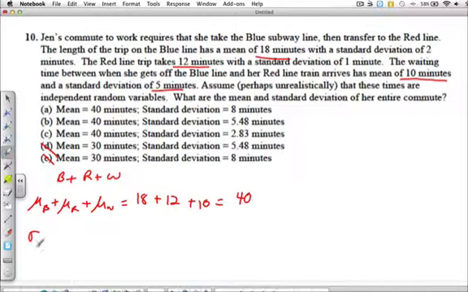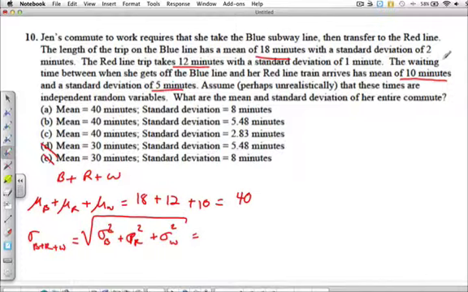But for the standard deviation of the sum of those, we have to add their variances, right? So the variance of blue plus the variance of red plus the variance of W. And then we want to square root that to get the actual standard deviation.